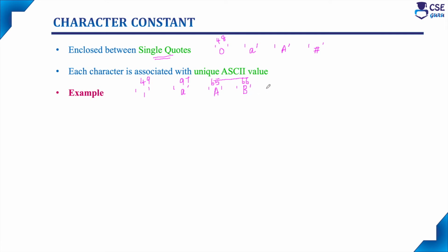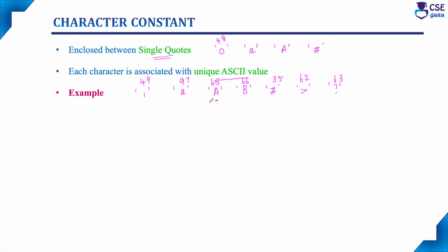Likewise it will continue. For special characters, for hash the ASCII value is 35, for the greater than symbol it is 62, and for question mark it is 63. Likewise, each character constant is associated with an ASCII value.